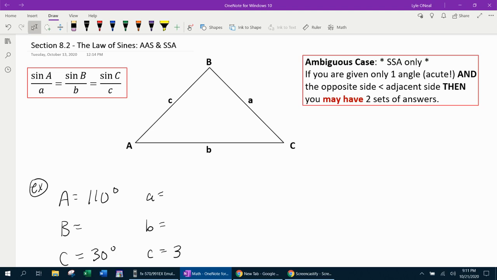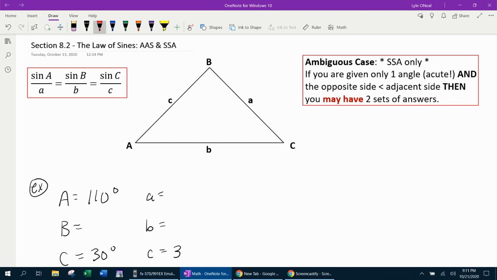It does work for right triangles, but it also works for pretty much any triangle where you are given two angles and a non-included side, or two sides and a non-included angle. Those are the two cases where the law of sines applies.